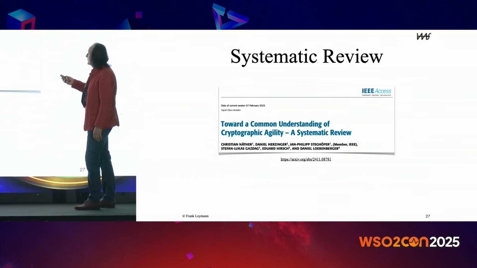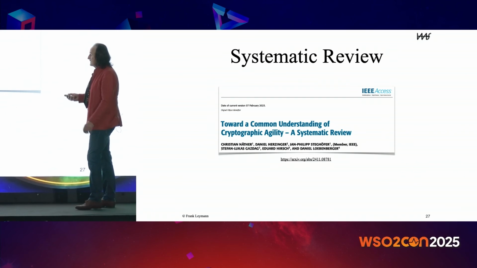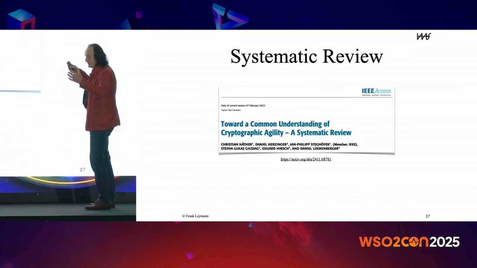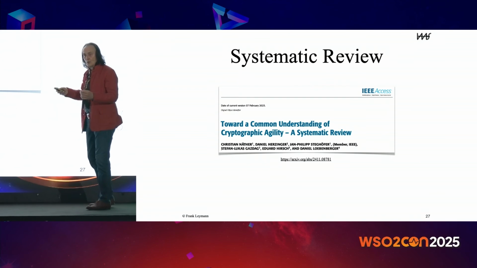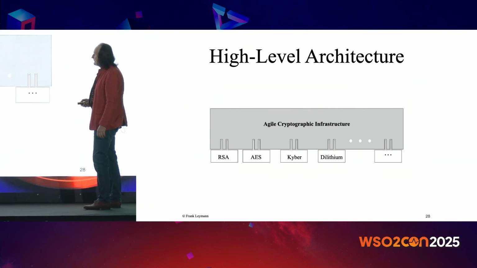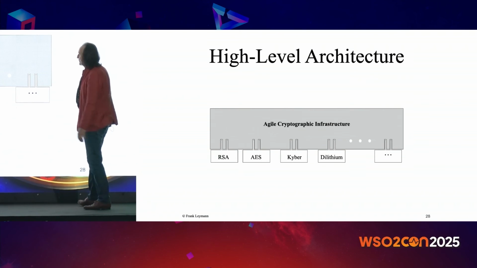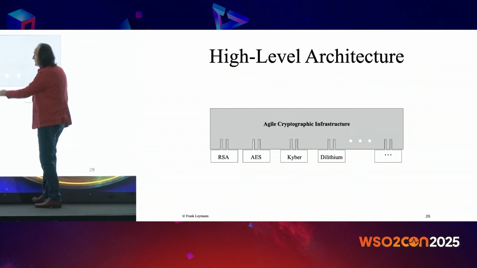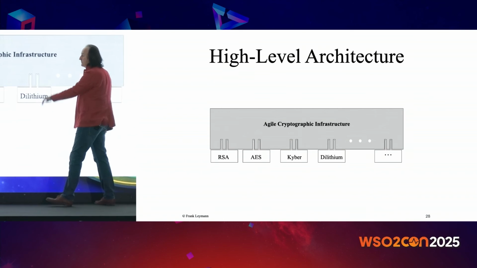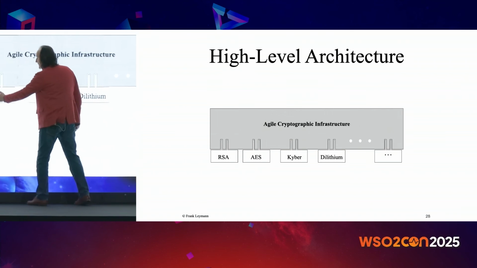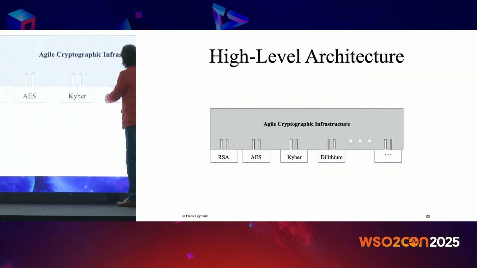And here is a very recent article that gives a systematic overview of what kind of mechanisms you can use to become quantum agile. And this is a layman's version of the agile cryptographic infrastructure. There's an infrastructure like TLS, for example, and you use TLS with RSA, AES, Kyber, and Dilithium.